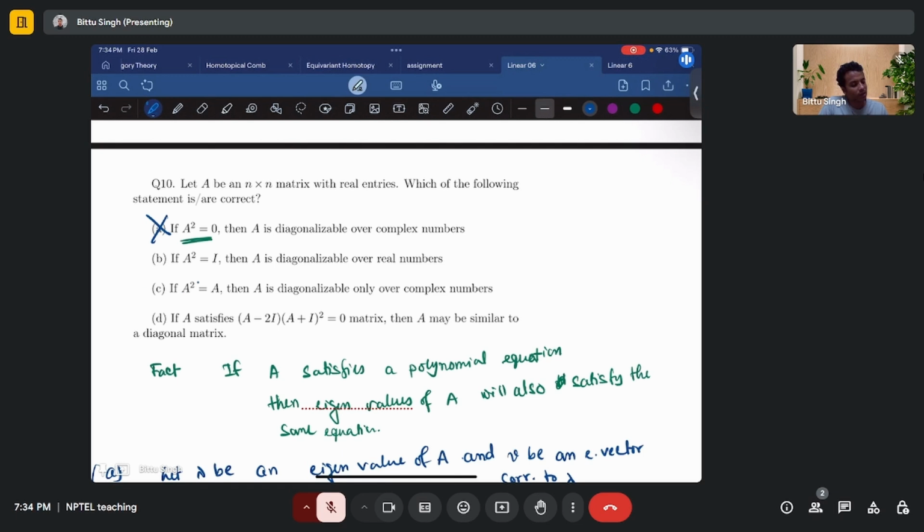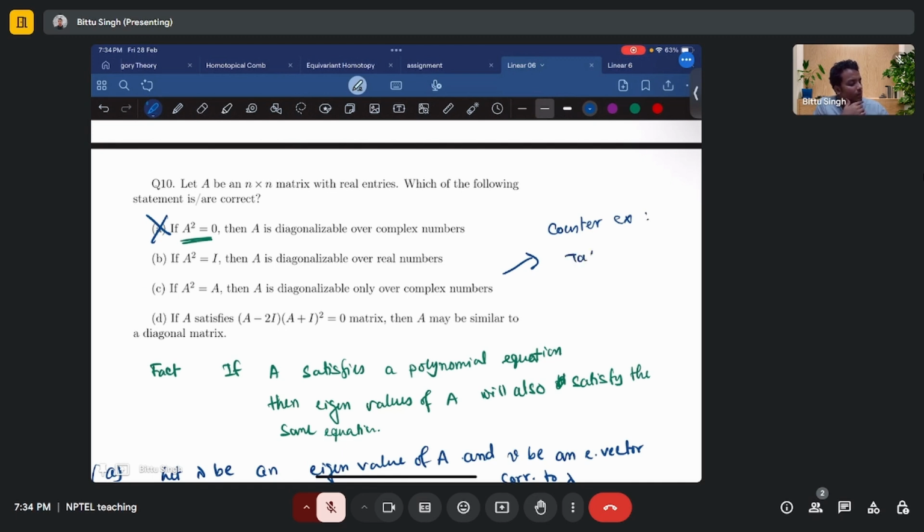Now the second thing is A squared equal to I, then A is diagonalizable over real. We'll look at it later. First, A squared equal to A, then A is diagonalizable over complex. So here, the counterexample will be like this.